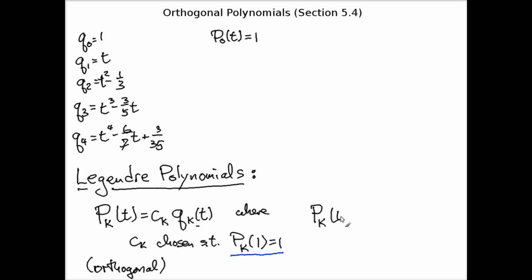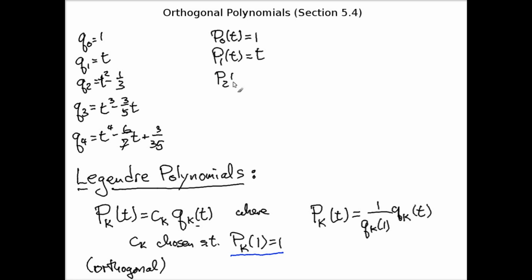What I'm saying is that pk of t is obviously 1 over qk of 1 times qk of t. The constant is qk of 1, so when you plug in 1, you get qk of 1 over qk of 1, which is 1. So p1 of t is t.